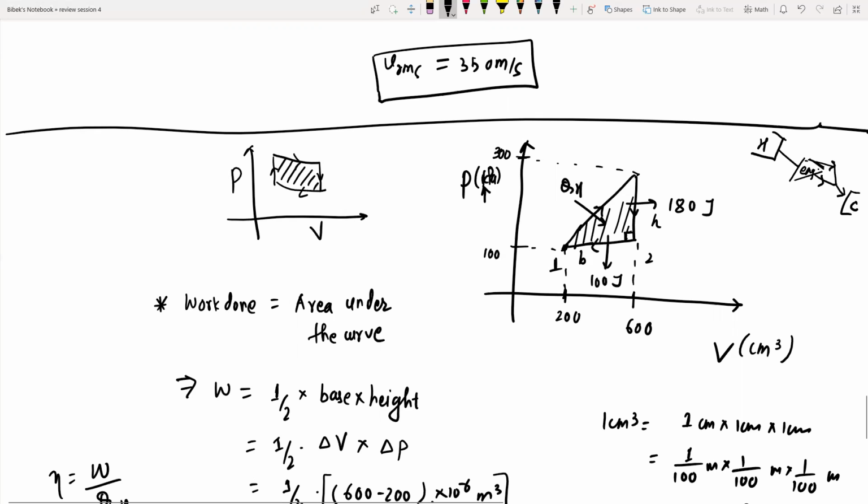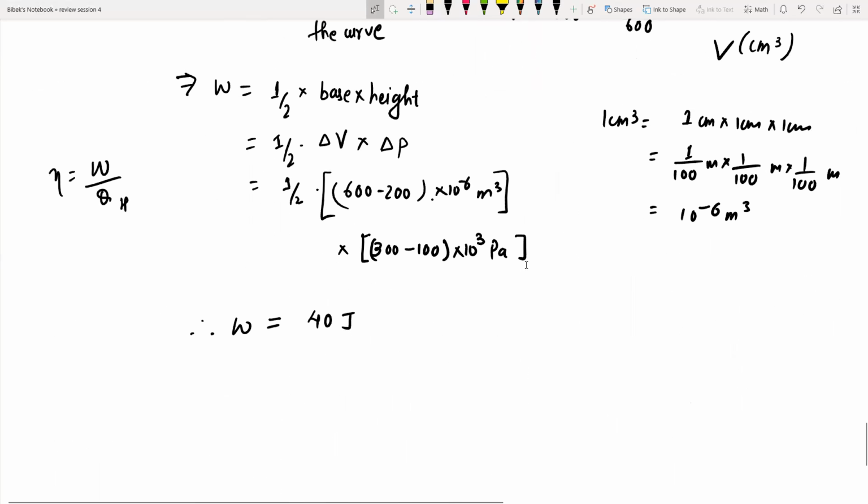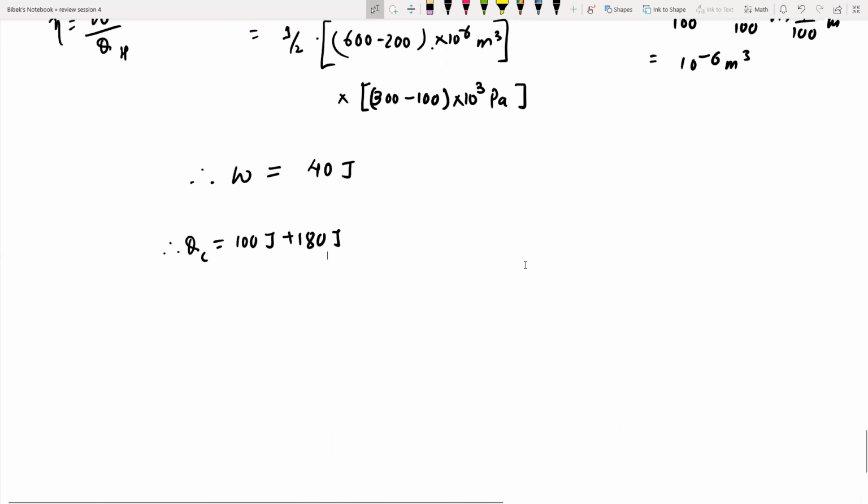So your QC is 100 joule plus 180 joule, because these two are being lost by the engine to the environment, and that is our cold reservoir. That is 280 joules. Now you have found QC.